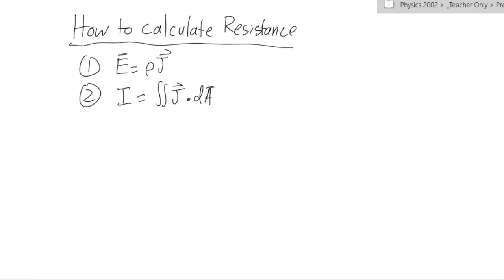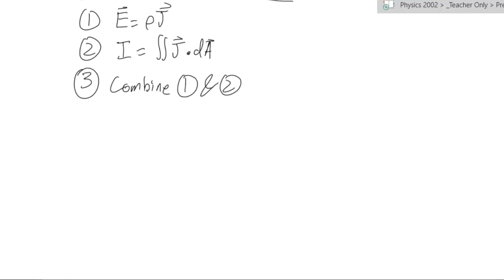All right. So the next thing that we can do is combine these two. So we combine 1 and 2. And then from that, we'll have some expression for the electric field in terms of the current.